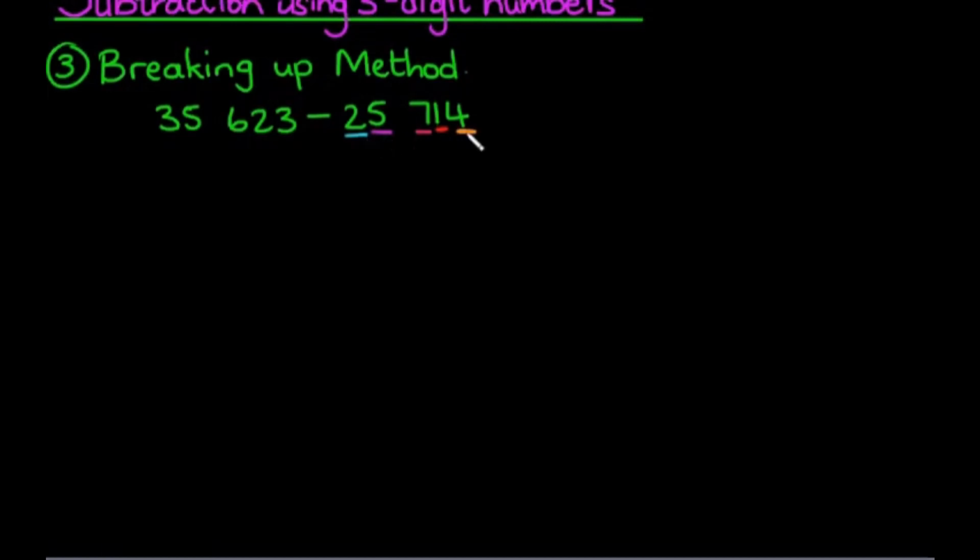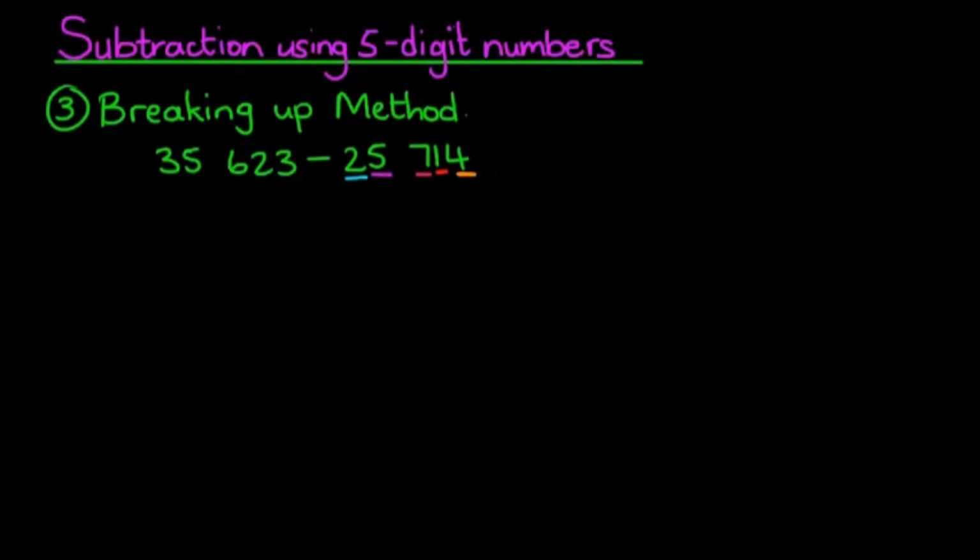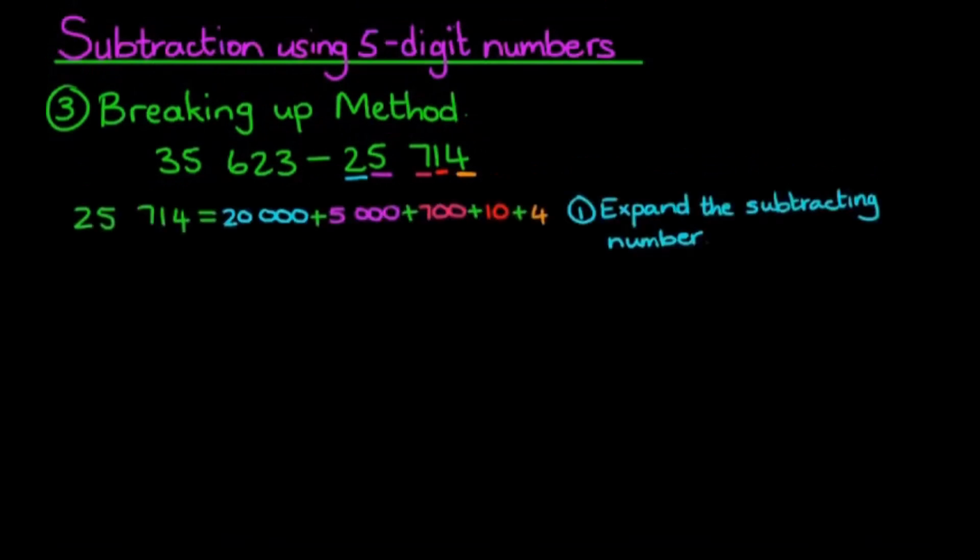So I've color coded my place values for the sum as well. So the first thing that we need to do is we need to expand the subtracting number. So we need to expand the 25,714. So I've expanded it, as you can see.